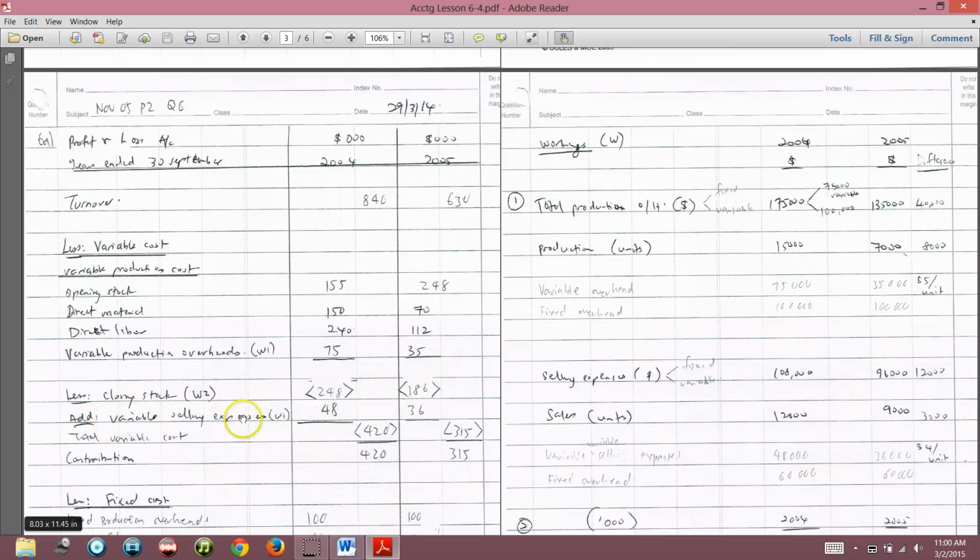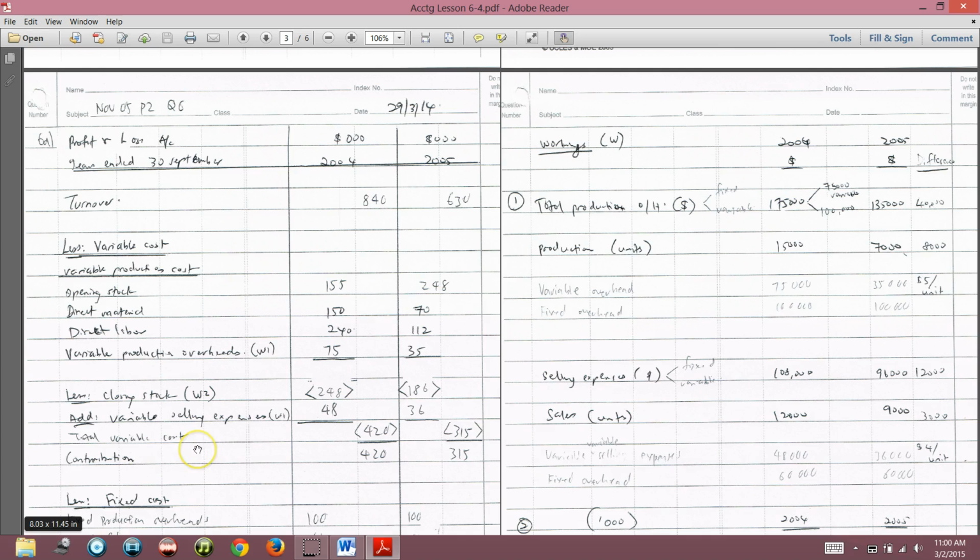Then add variable selling expenses, because from the question it tells us that selling expenses includes a fixed element and variable element. So over here under variable cost, we should add variable selling expenses. We don't know the figure, so we leave this blank first. So we put total variable cost here, draw one line, and then we leave it blank. Then we'll come to contribution. So we get our structure ready.